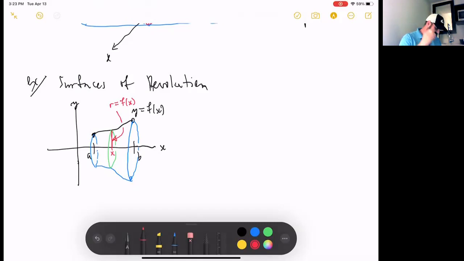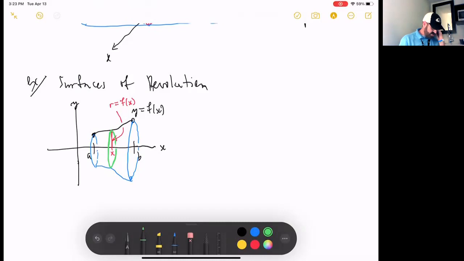And here's the thing. If I want to somehow get all of this surface, all the way around, well, we know how to parametrize a circle. That's just going to involve the sine and the cosine functions.